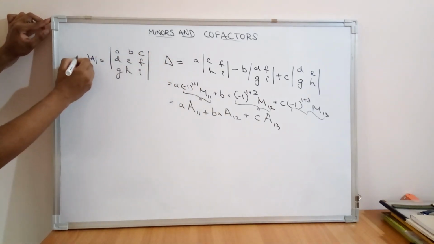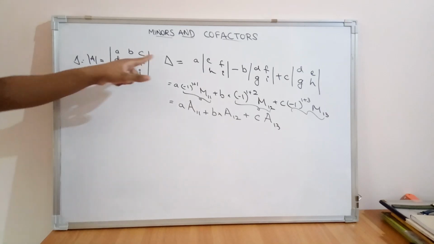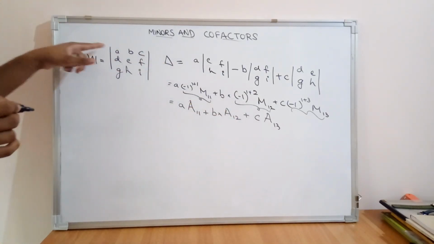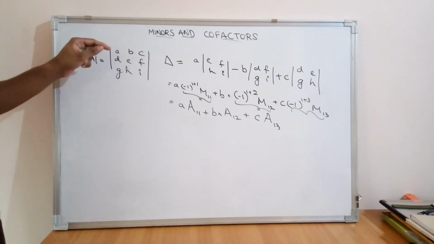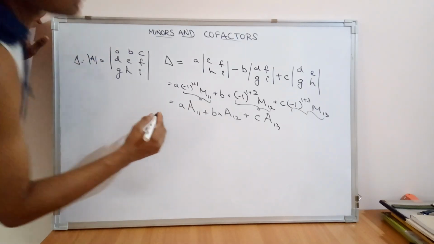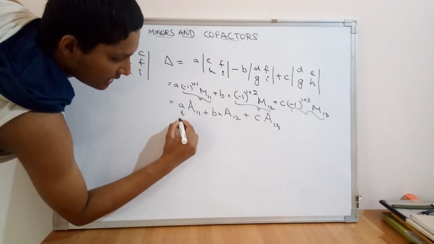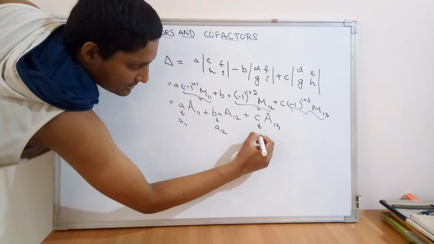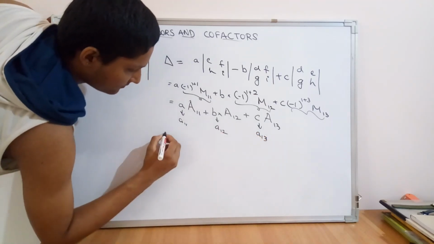Maybe I consider delta to be the value of the determinant. So if I consider delta, it is going to be like this. Or in general form, if I write the elements as a11, a22 like that, this becomes a11, this is a12, and this is a13.